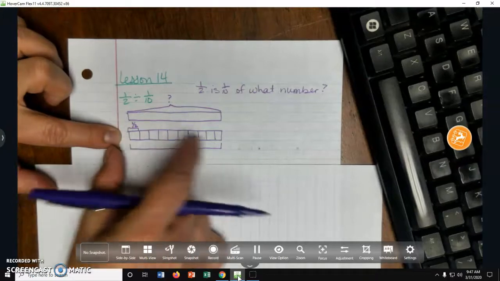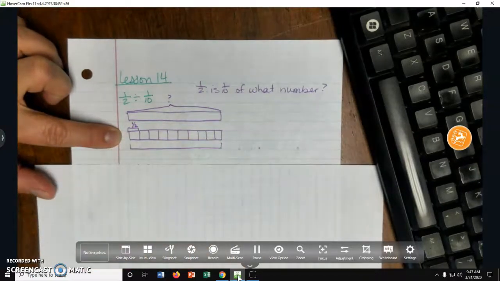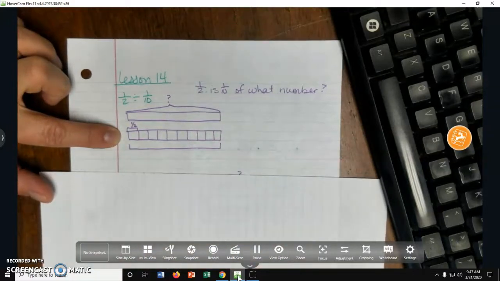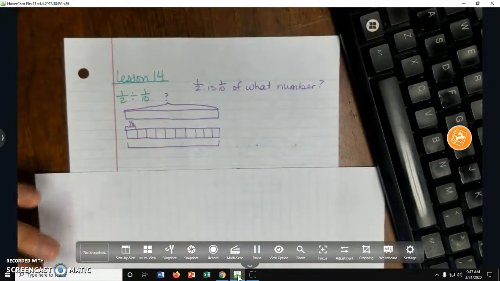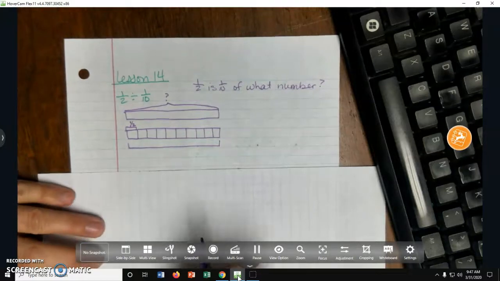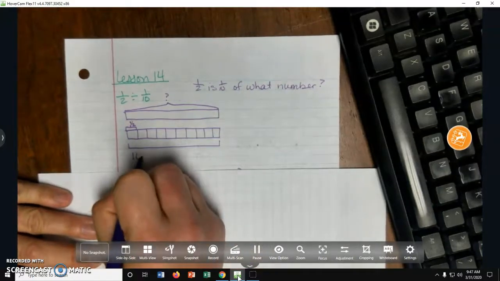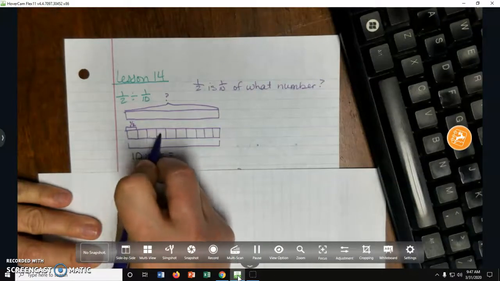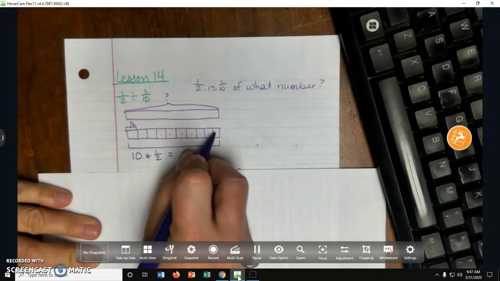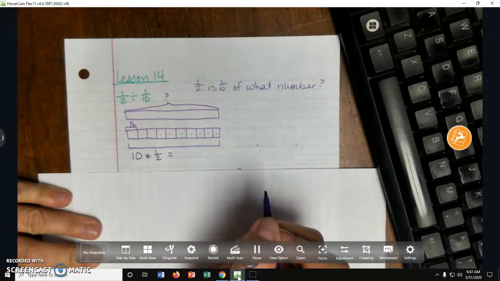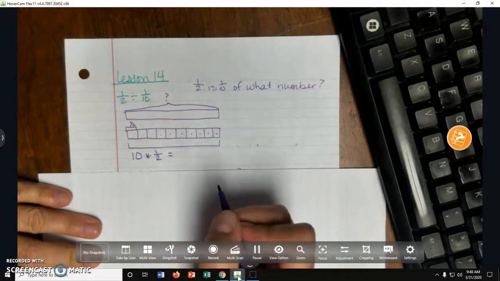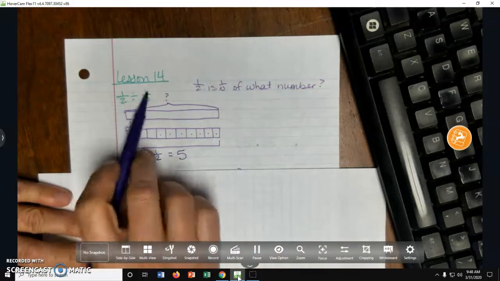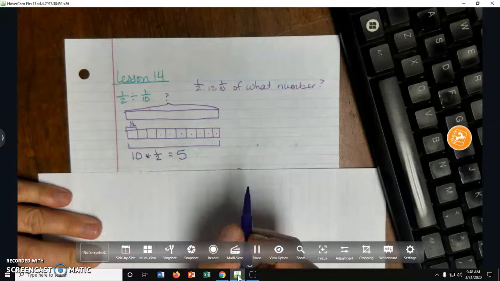Pretty easy to see from my tape diagram here. I have 10 groups of 1/2. 1, 2, 3, 4, 5, 6, 7, 8, 9, 10. Each of those is 1/2. We know a half of 10 is 5. So 1/2 divided by 1/10 is 5.